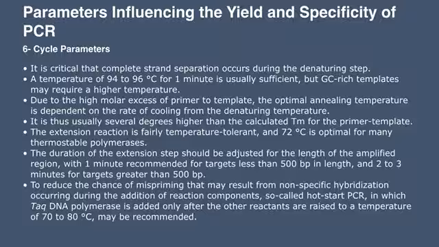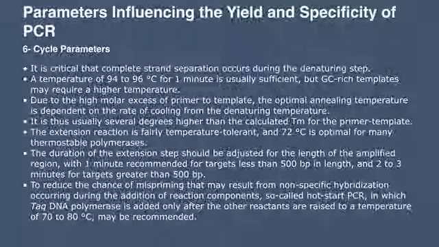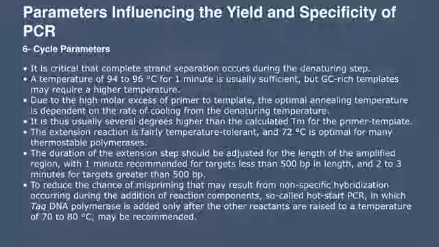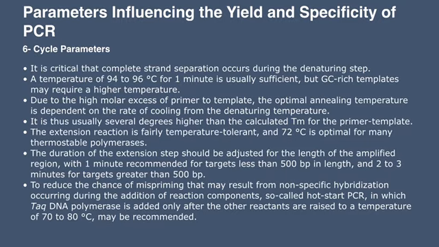To reduce the chance of mispriming that may result from non-specific hybridization occurring during the addition of reaction components, so-called hot start PCR, in which Taq DNA polymerase is added only after the other reactants are raised to a temperature of 70 to 80 degrees Celsius, may be recommended.